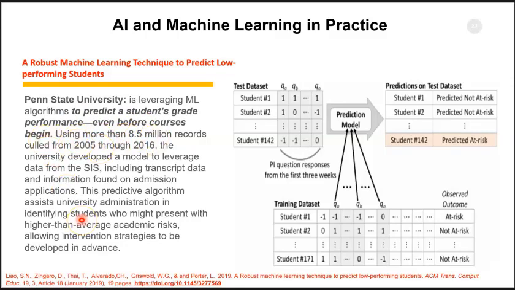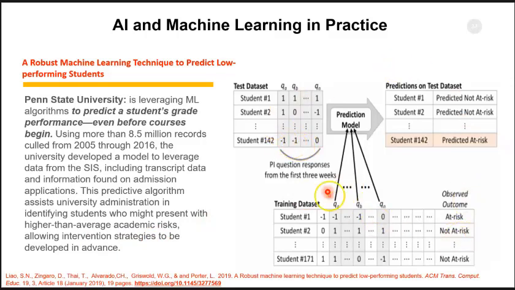This predictive result assists university administration in identifying students who might present a higher than average academic risk. So they need to support them and help them in order to increase their learning progress.